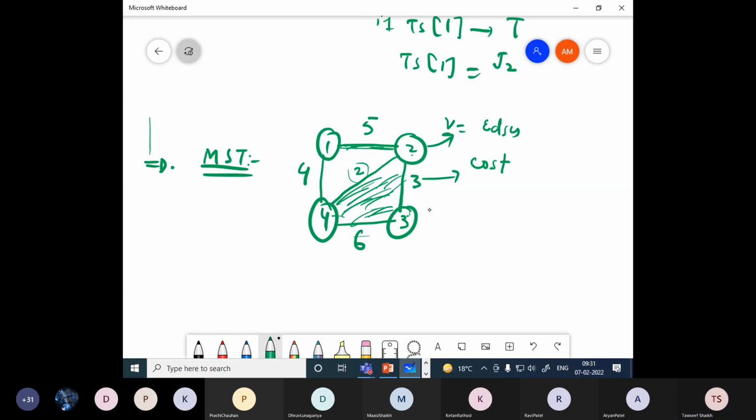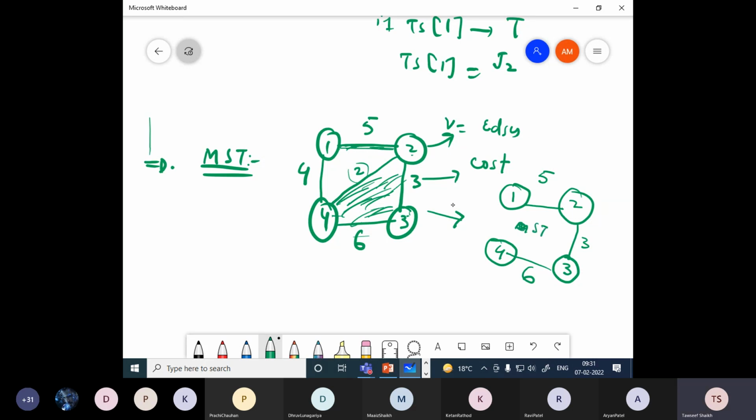If we go from 1 to 2, that is from this vertex, with a cost of 5, and from 2 to 3 with a cost of 3, and from 3 to 4 with a cost of 6, this becomes a spanning tree of this graph.